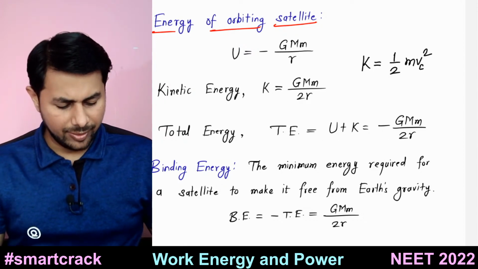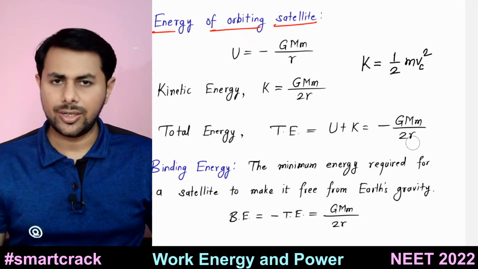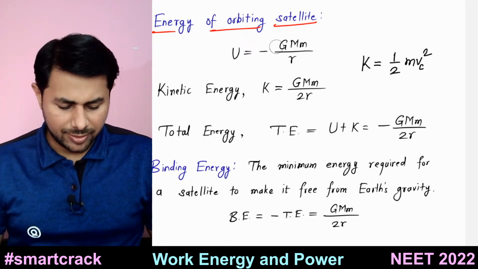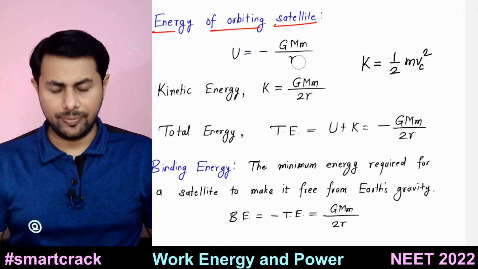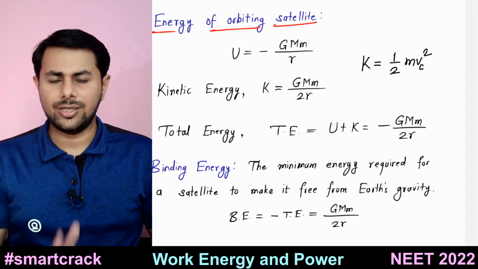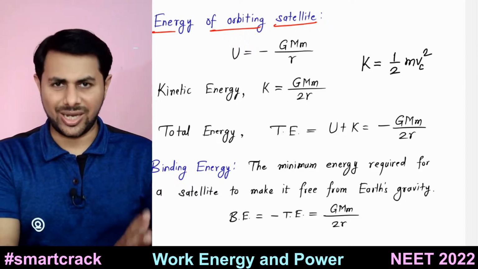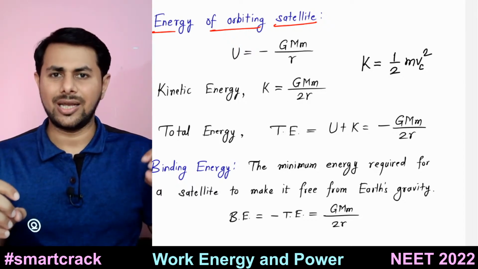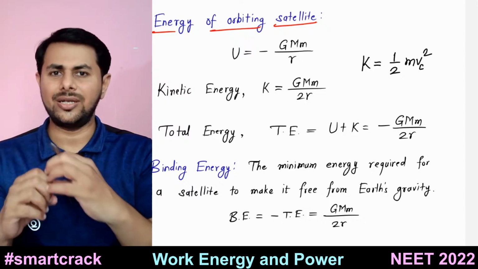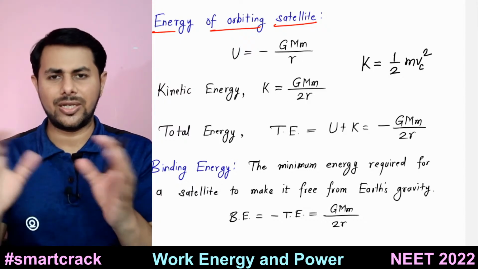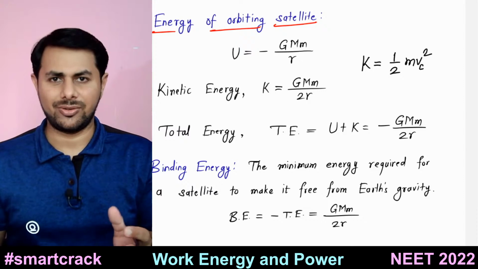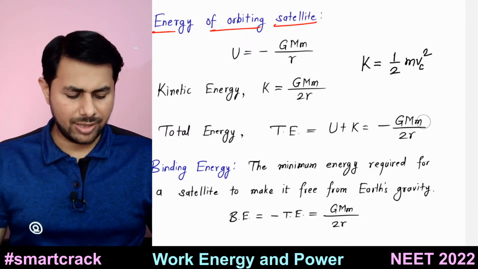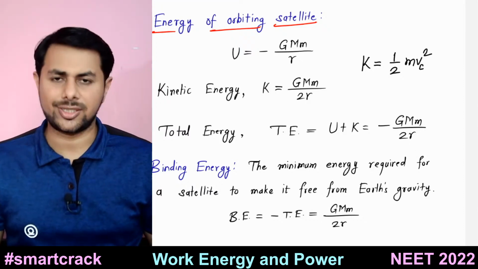As you can see here, this is minus 1 times GMm over r, and kinetic energy is half GMm over r. You can take GMm over r common, you will get minus 1 plus half, which is minus half. So it is minus half of GMm over r is the total energy.